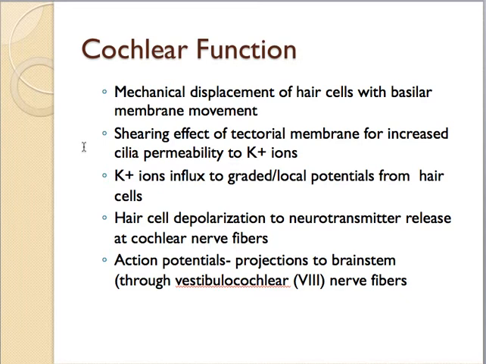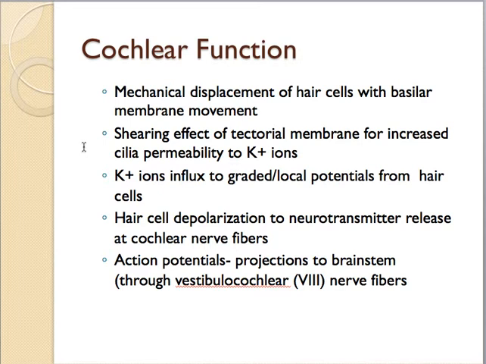And this is going to activate these voltage-gated calcium channels, and then calcium is going to come in due to that depolarization. And that's going to be involved in trying to release neurotransmitter from these specialized cells. And the neurotransmitter that's going to be released from these cochlear hair cells is glutamate.